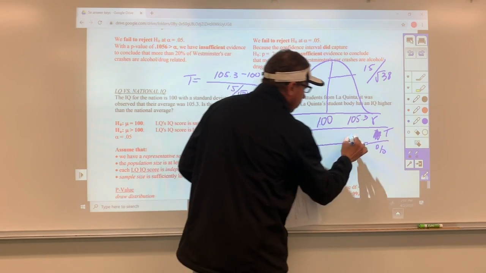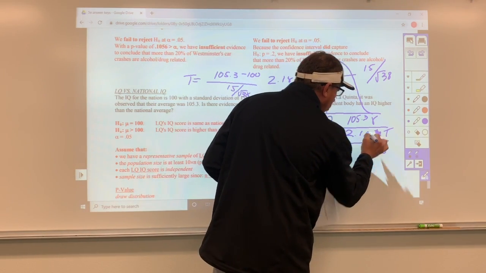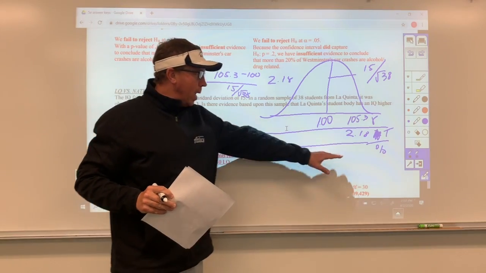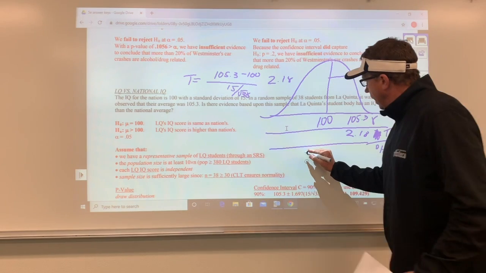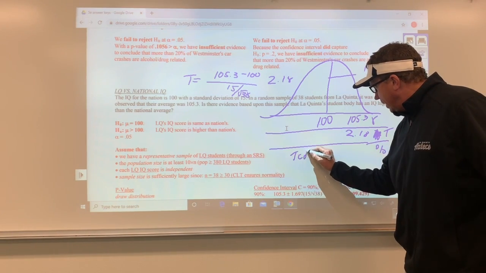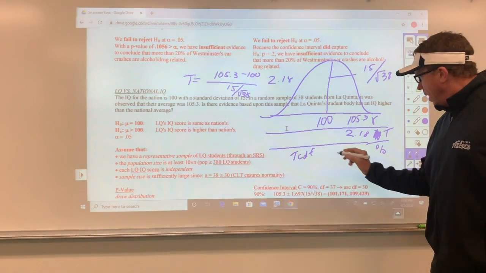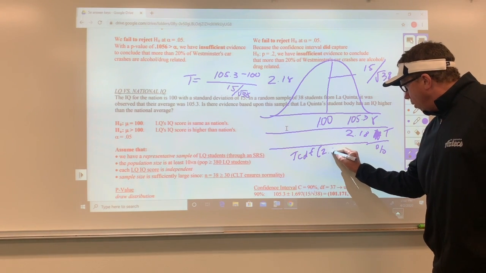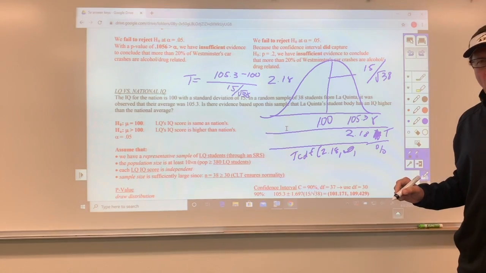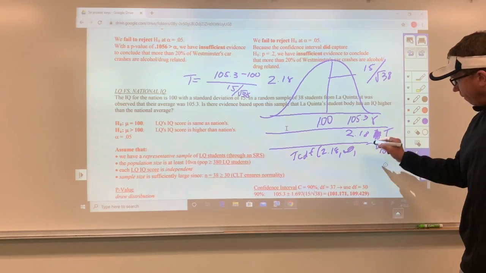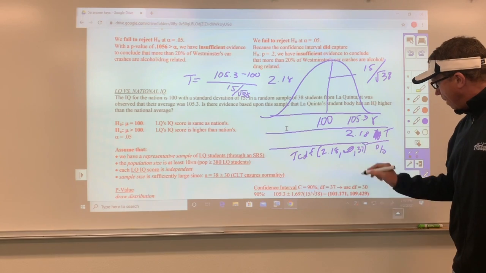2.18. Now we can turn this into a percentile by hand if you want. On your calculator, you can go TCDF, and enter 2.18 comma some form of infinity, probably the number 100. Then the degrees of freedom is 37, n minus 1.